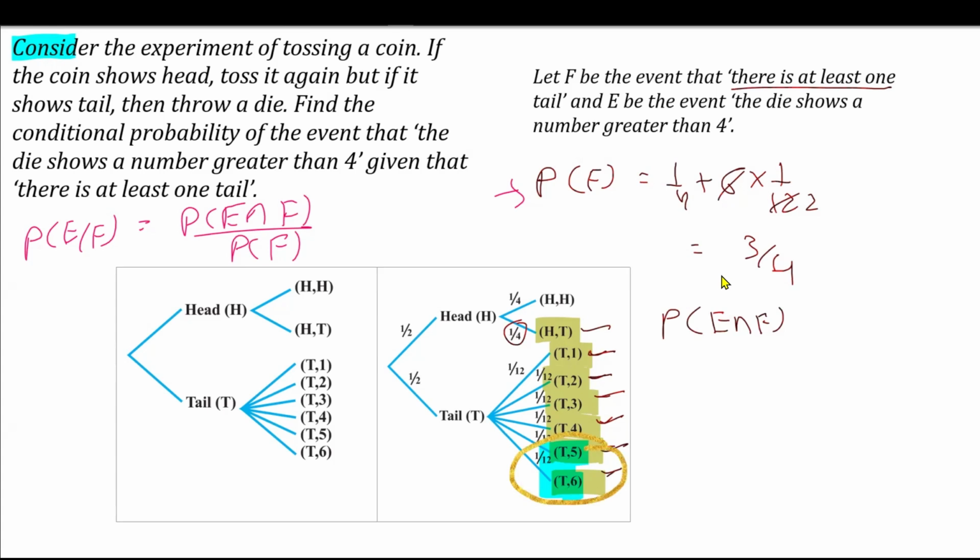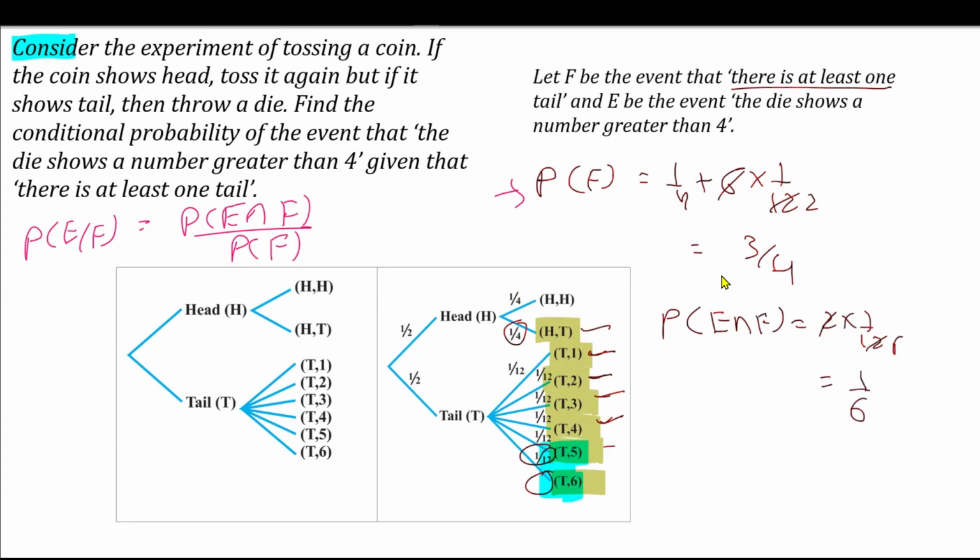We find the possibilities of these two. So P(E intersection F) is 1/12 plus another 1/12, so 2 times 1/12, which gives 1/6.